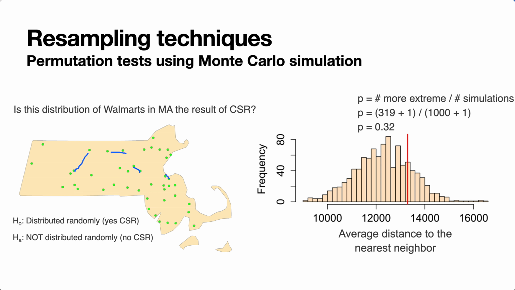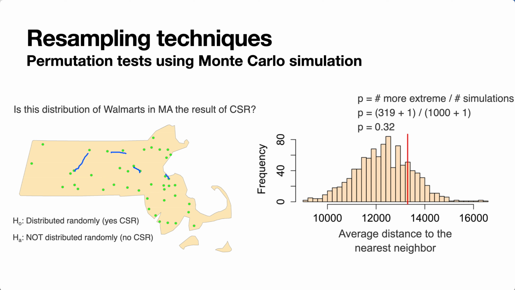Well, if we think that Walmarts are not located anywhere in particular, if our hypothesis is that they're just dropped down in random locations throughout the state, then our null hypothesis is that they are distributed randomly. So if they're distributed randomly, that means we can do a Monte Carlo simulation. We can roll the dice.